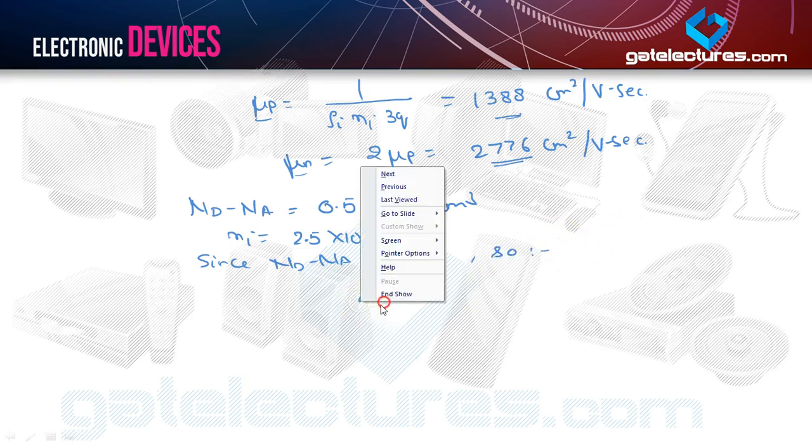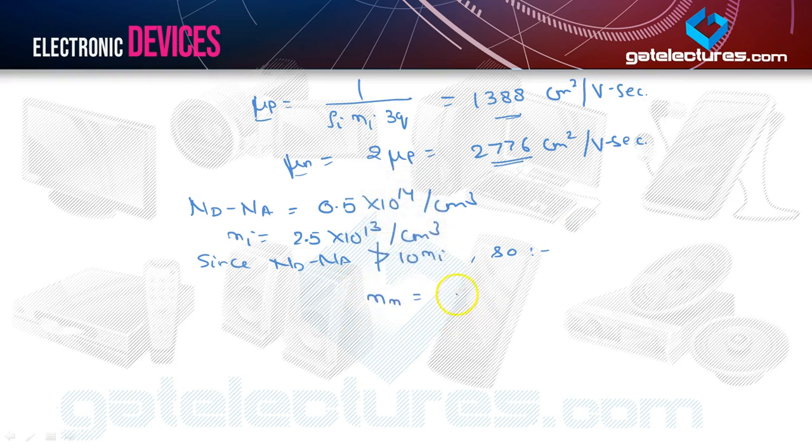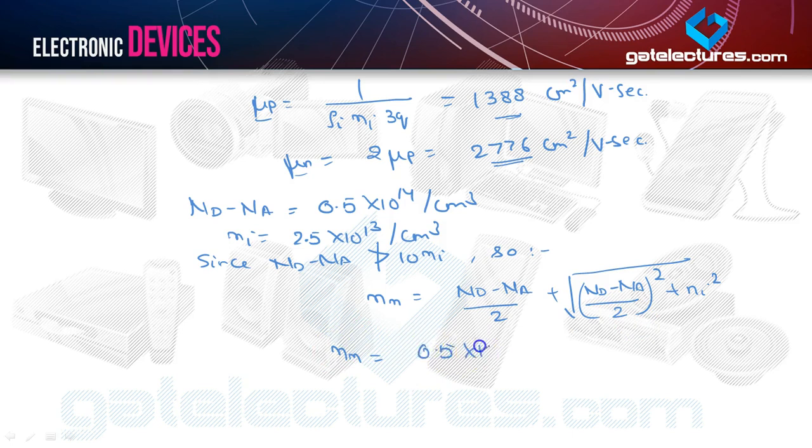Since it is n-type compensated, we can find the electron concentration as Nd minus Na by 2 plus square root of (Nd minus Na by 2) whole square plus Ni square. Okay, now electron concentration, this is 0.5 into 10 to the power 14 by 2.